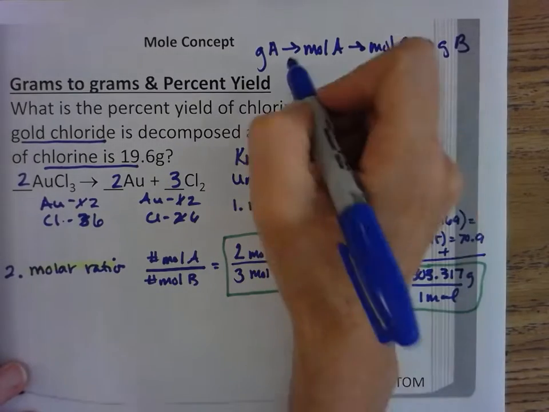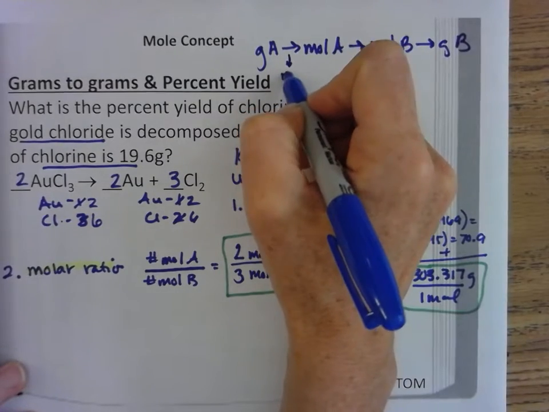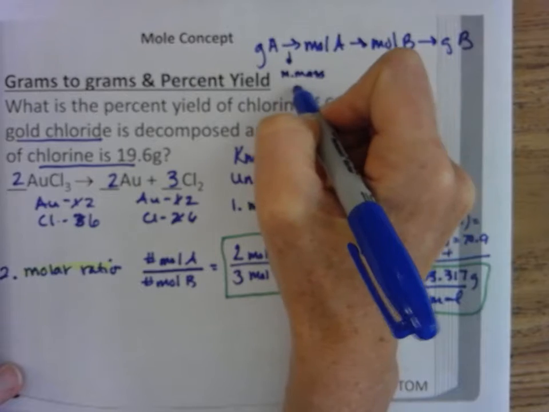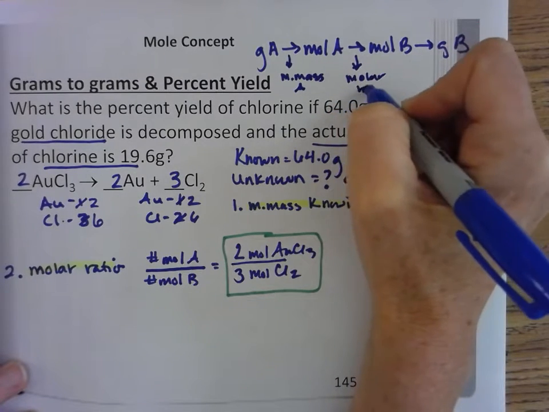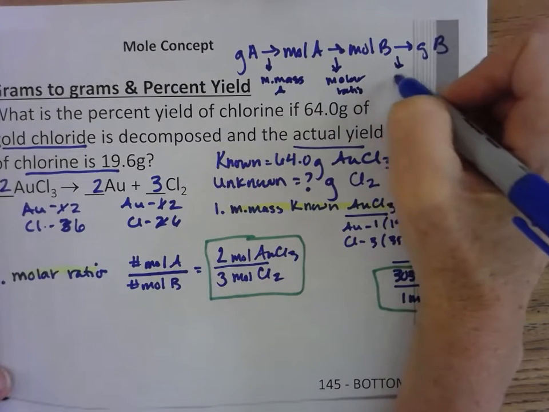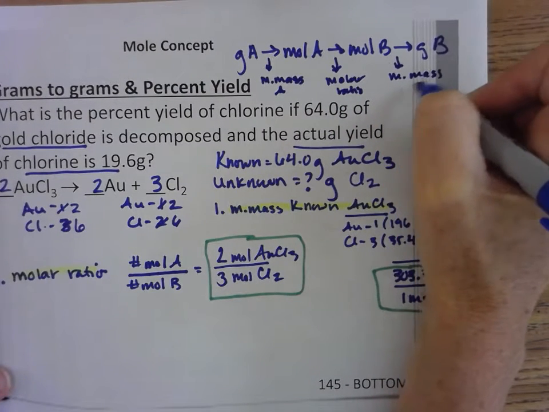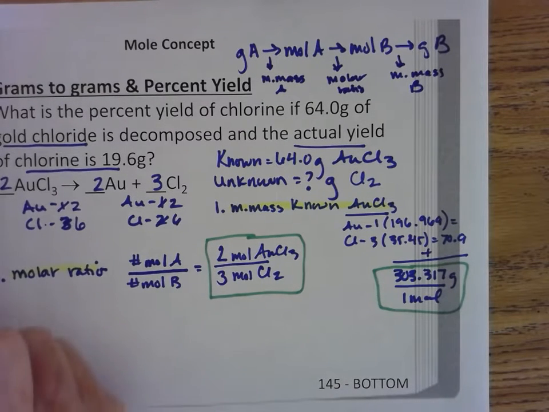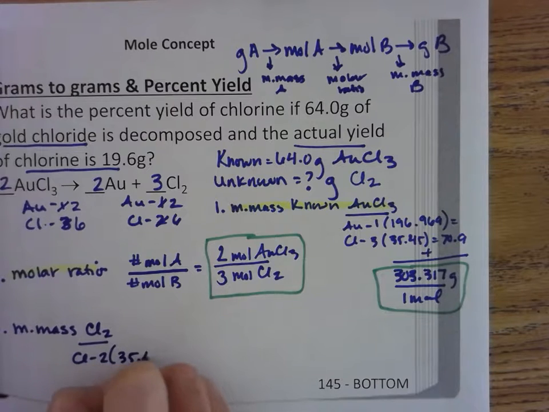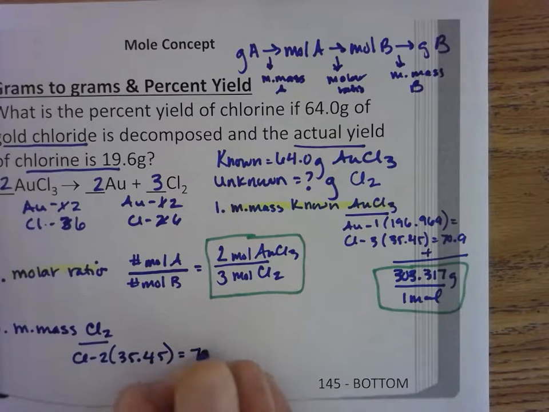And this right here is the molar mass of A, molar ratio, molar mass of B. So the third thing, I need the molar mass of Cl2. So Cl2 is 35.45 times 2, which is 70.90, and that's grams over 1 mole.